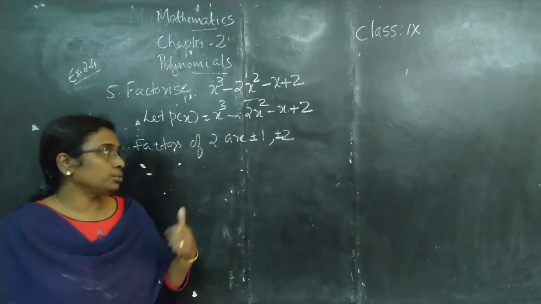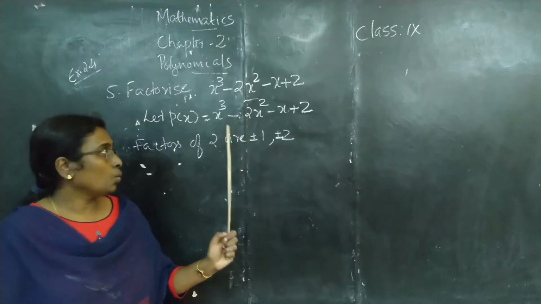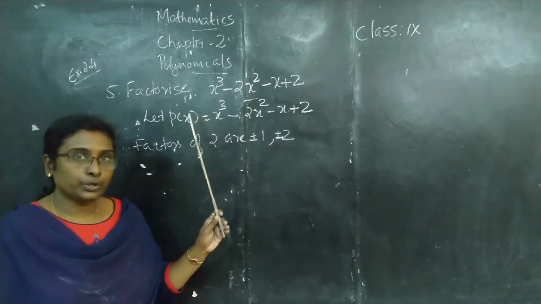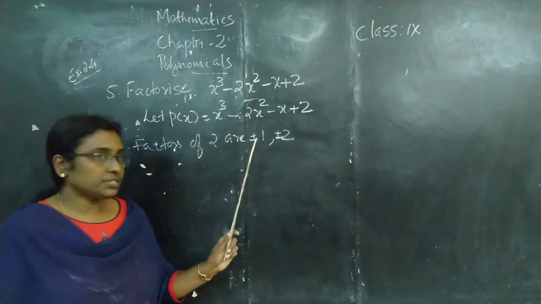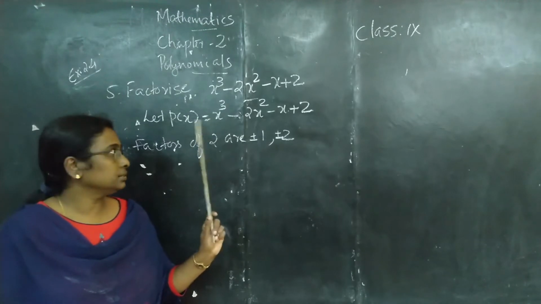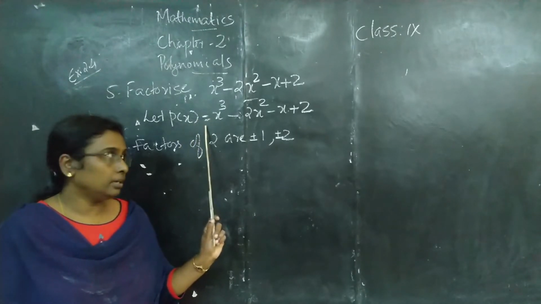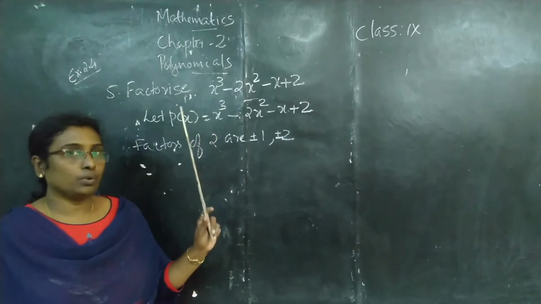first we substitute the values of the factors of this constant term one by one in this polynomial until we get 0. That is, first we substitute plus 1 in p of x, that is, find p of 1. If p of 1 equals 0, then we can find one factor.